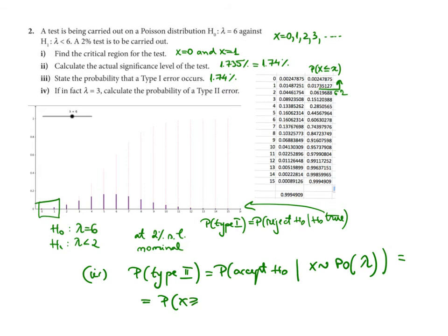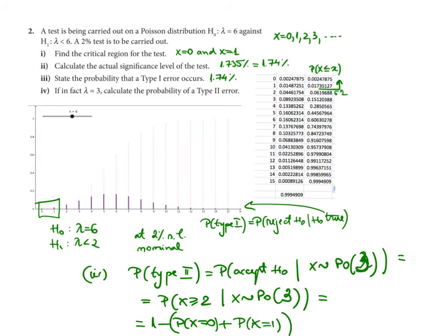Probability of x bigger or equal than 2, given that x is distributed Poisson with 3. I'll do 1 minus the probability of x equals 0 plus the probability of x equals 1, or any other means you have to calculate it, but don't forget that you are on this distribution. My answer is 80.1% for the probability of a type 2 error.